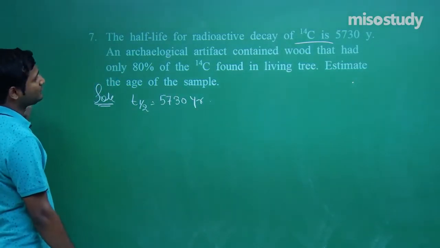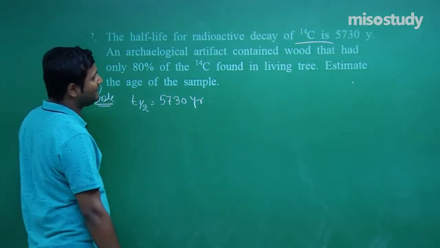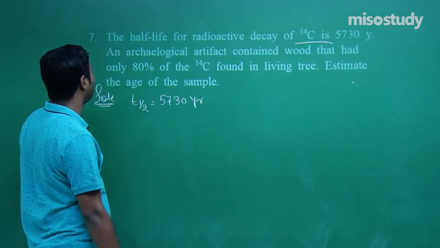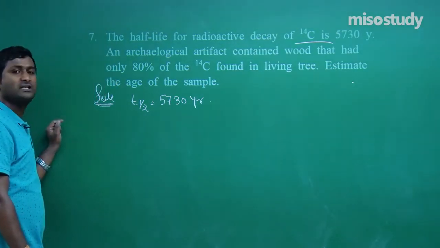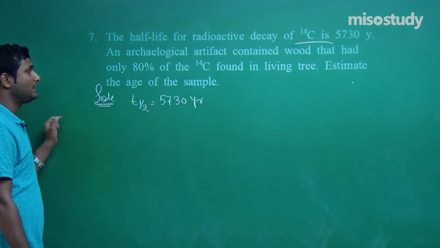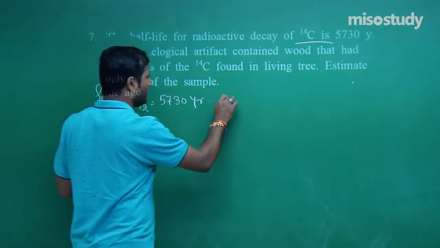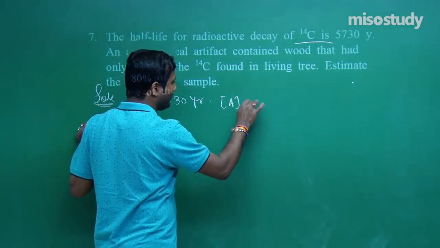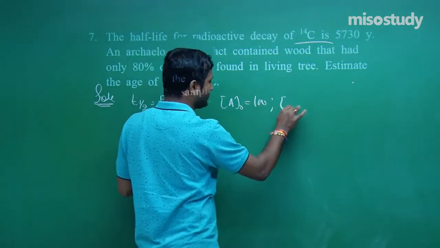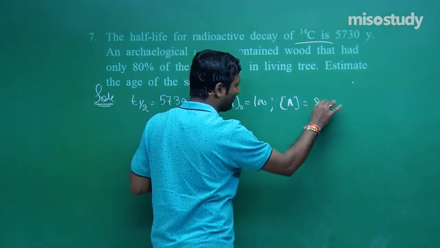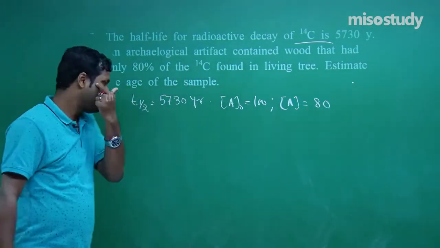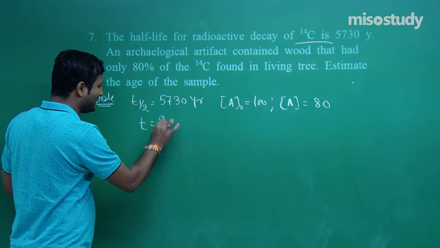An archaeological artifact contained wood that had only 80% of C14 found in the living tree. Estimate the age of the sample. That is given here. A naught is equal to 100, 80%. So A is equal to, my friend, 80. Yes, and we have to find T.